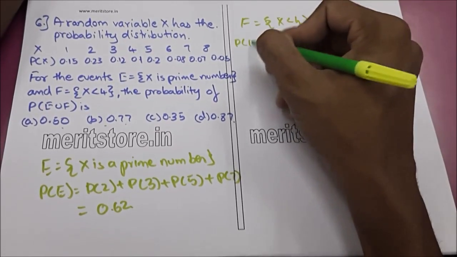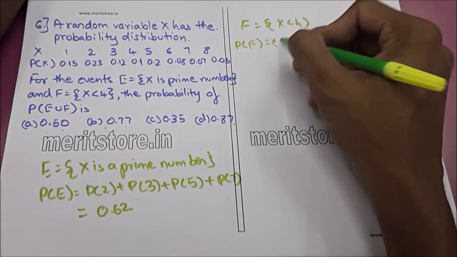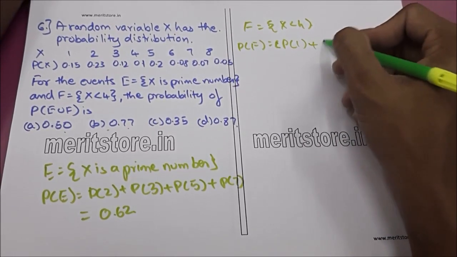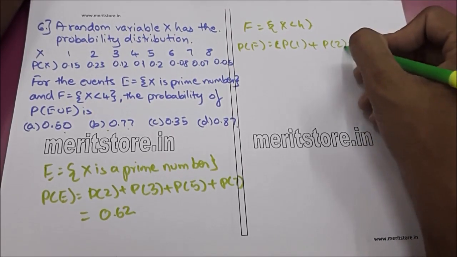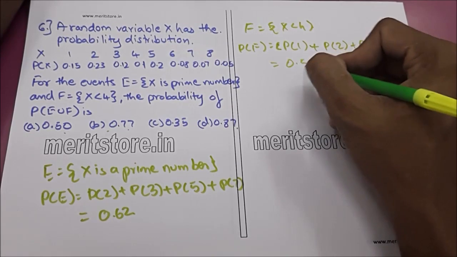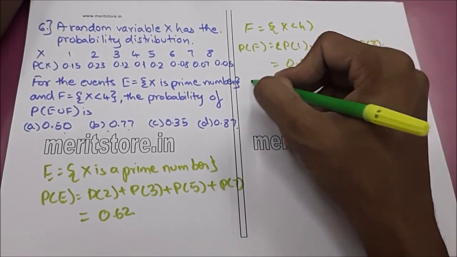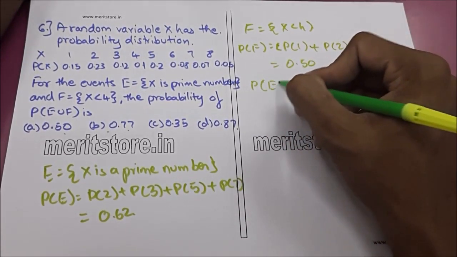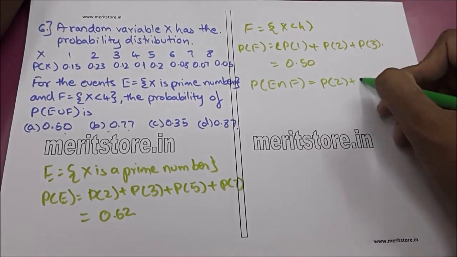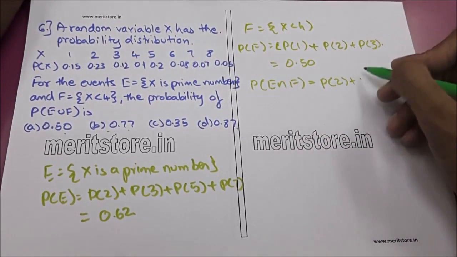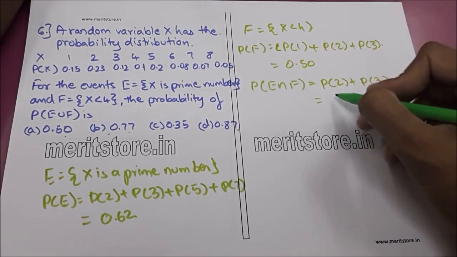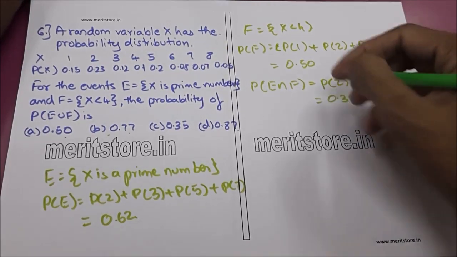So probability of F is equal to P1 plus P2 plus P3. We solve this, we get 0.50. So the intersection, that is probability of E intersection F, that is P2, P3, is equal to 0.35.